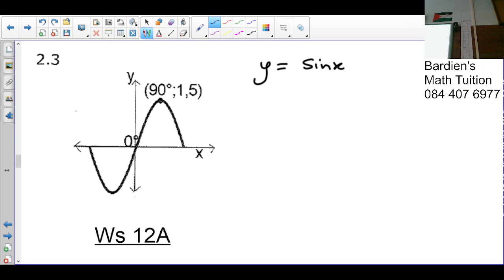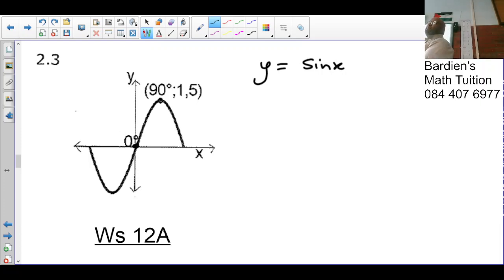Okay. But is this graph shifted? Is the sine graph shifted? How do I know it's not shifted? Because it's going through 0. If the graph is shifted up or down, you will cut your y-axis at a place other than 0.